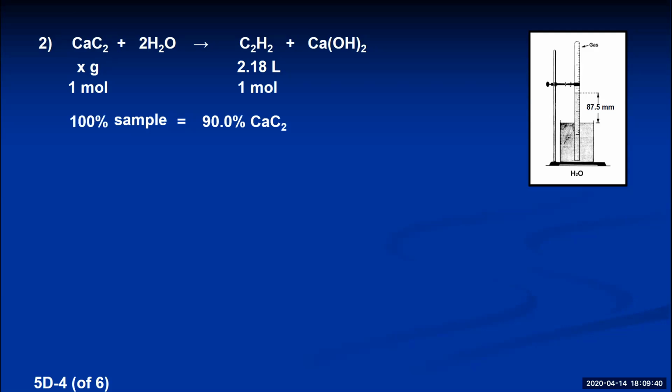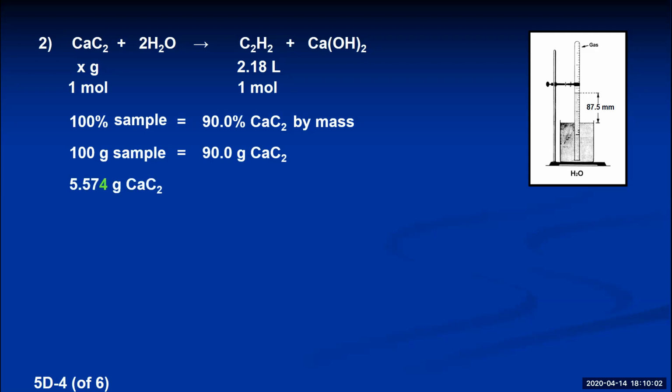If you have 100% of a sample, it's 90.0% calcium carbide, and they said that was by mass, which means I can now put units on these numbers. I can say 100 grams of a sample must contain 90.0 grams of calcium carbide. And now I have a conversion factor between calcium carbide and the sample mass.